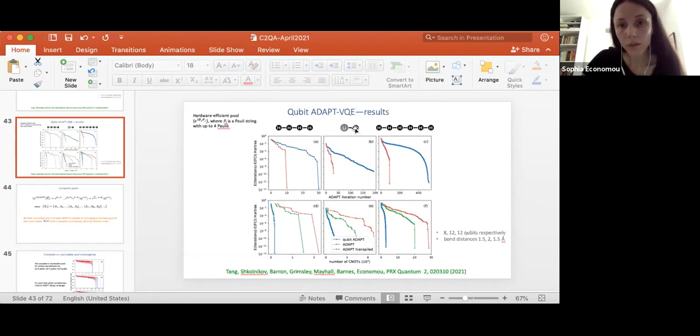For less strongly correlated molecules, you probably would need fewer than 10 or even fewer if you pick your gates well and you pick the order well. So it's very system dependent, but the general trend is that, of course, more strongly correlated molecules would require more gates.